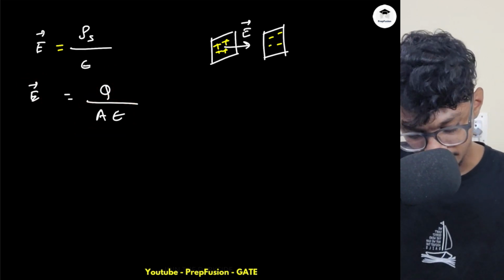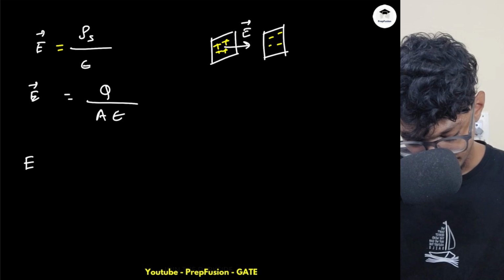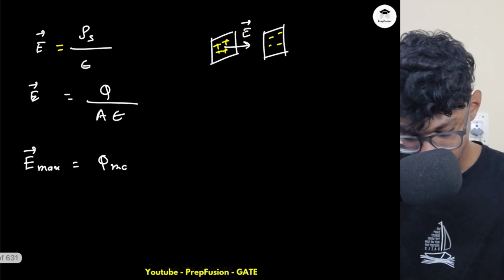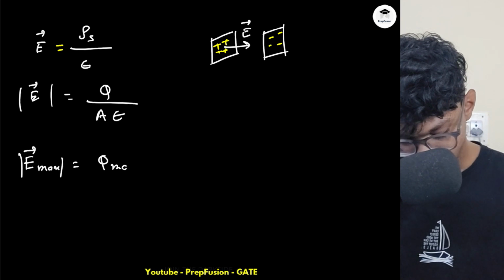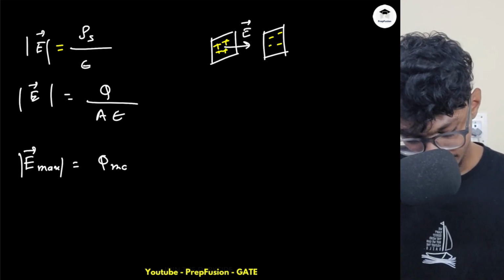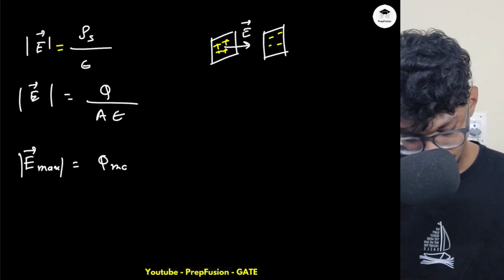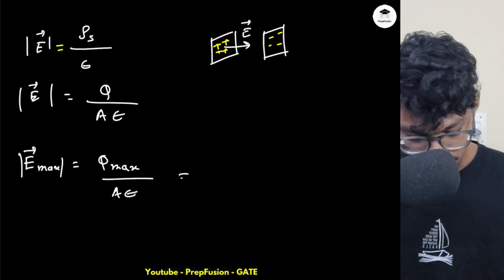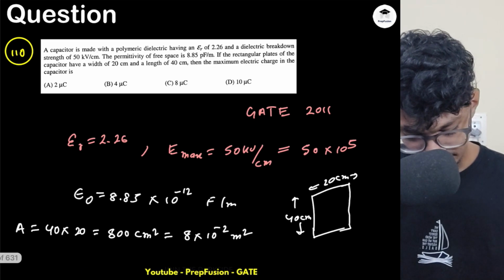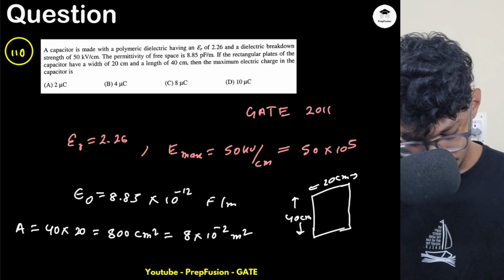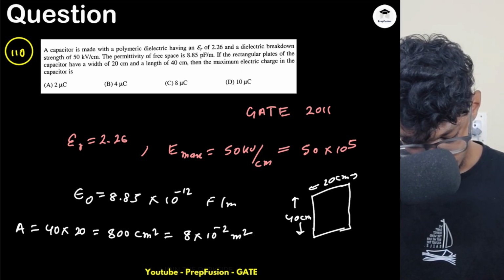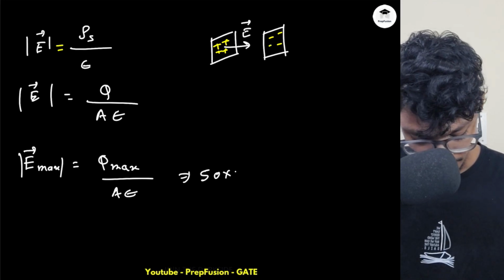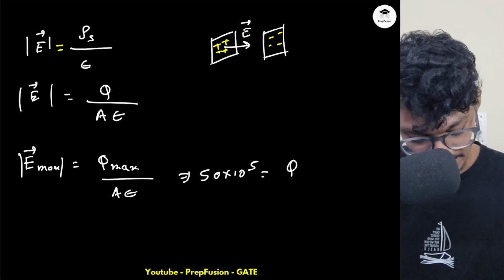So E max will be equal to Q max divided by A epsilon. We're just concerned with the magnitude, not the direction right now. So what is my E max? E max is 50 kilovolt per centimeter, which I have already written here, which is 50 into 10 raised to power 5 in SI units. And Q max, I need to find out.